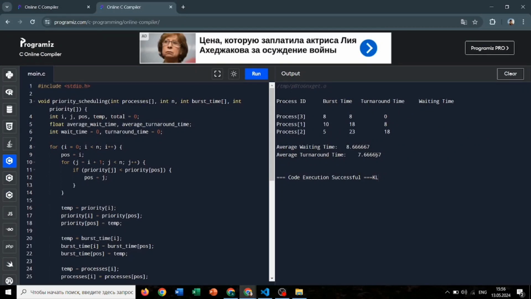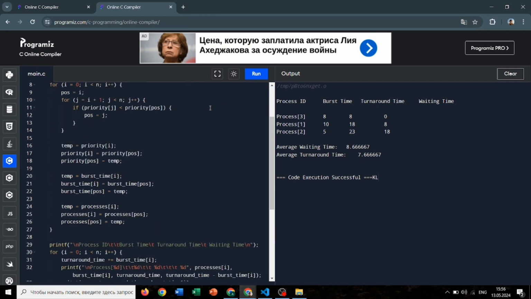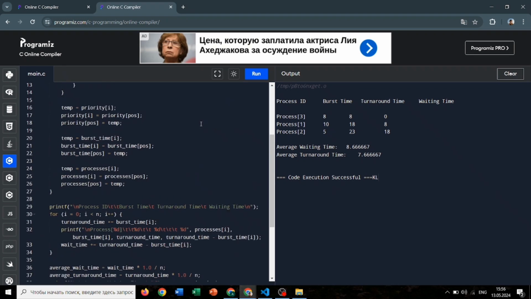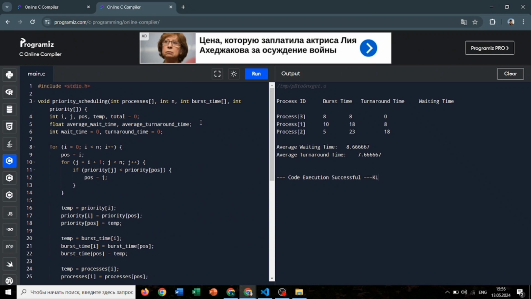Okay, now we're gonna talk about priority scheduling, and this is how it looks in C programming. In general, this program effectively demonstrates how priority scheduling works, prioritizing processes based on the urgency or importance as defined by their priority values.